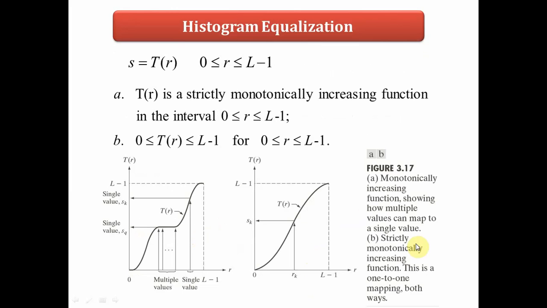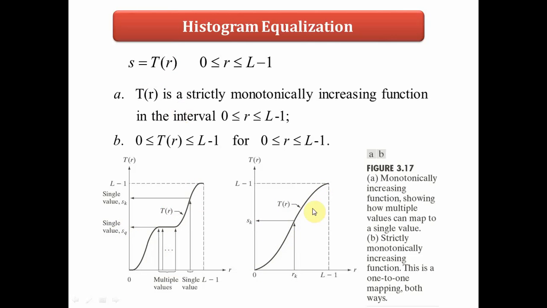Now in histogram equalization, you have multiple types of functions. Suppose you have this: this is strictly a single value. If you are giving a single value at the input, you are getting a single value at the output. But in many functions, you are giving multiple values at the input, but you are getting only a single value at the output.